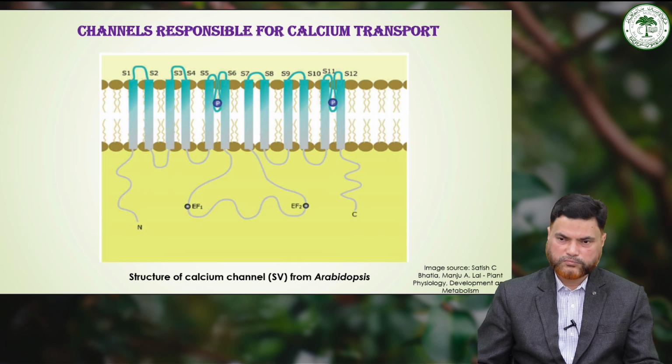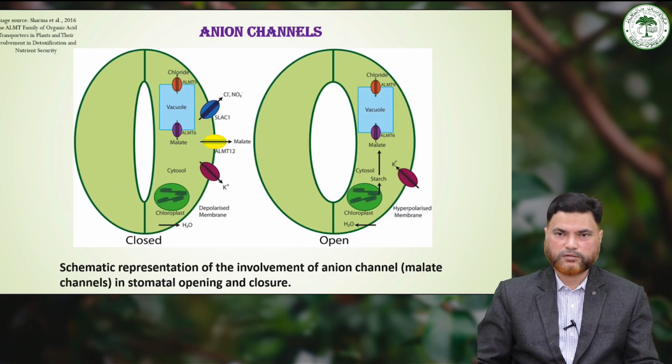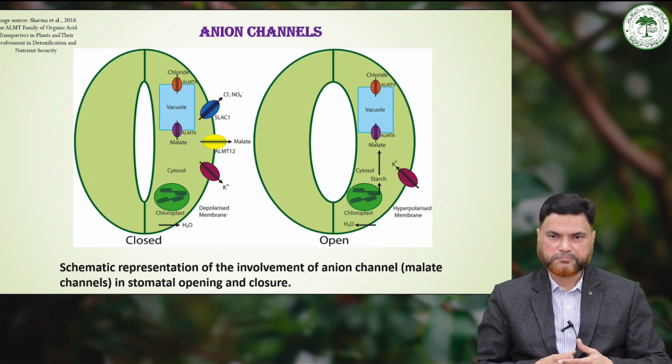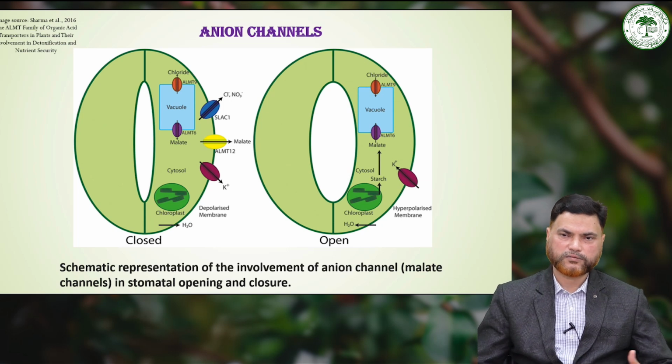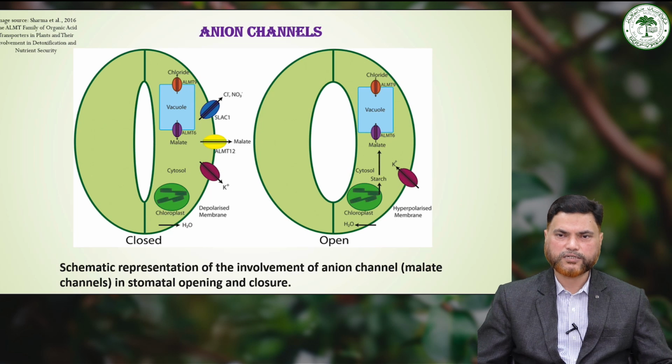In addition to this, you see that a significant number of inorganic ions like nitrate and malate are present inside the cytosol. So, basically anion channels create energy gradients that facilitate passive flux.